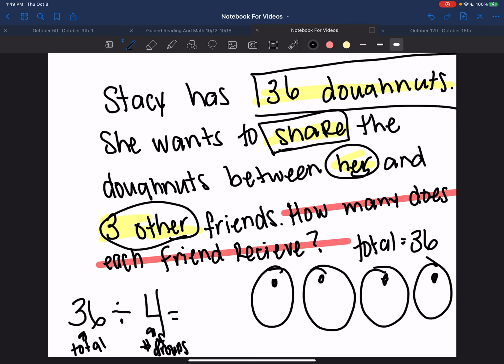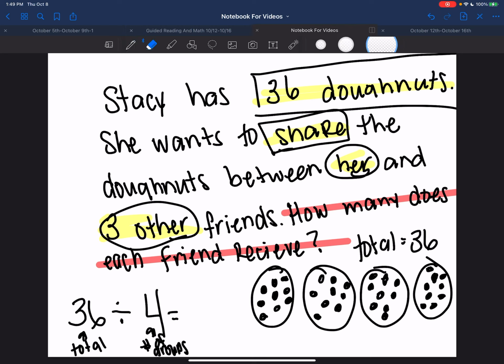I can keep going, 5, 6, 7, and so on, up to 36. So I've shared all 36 donuts.